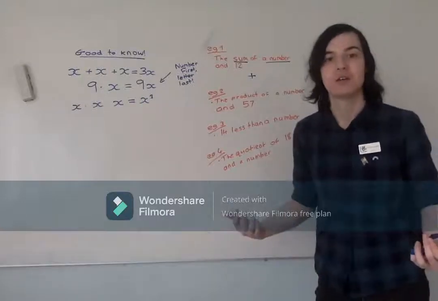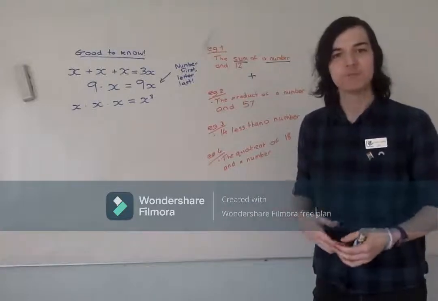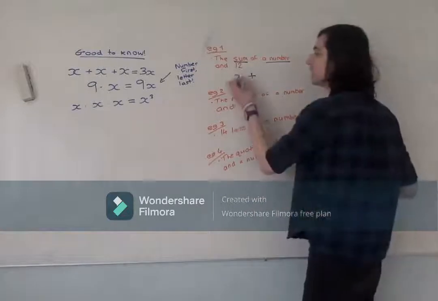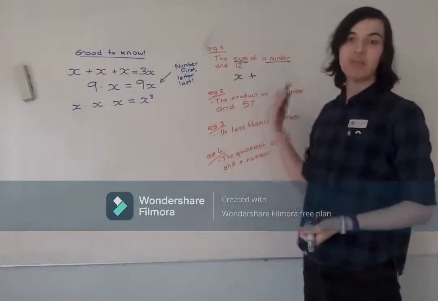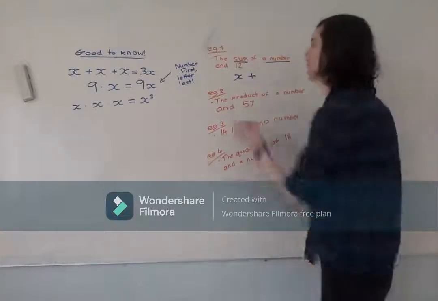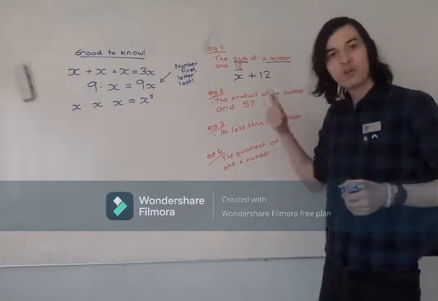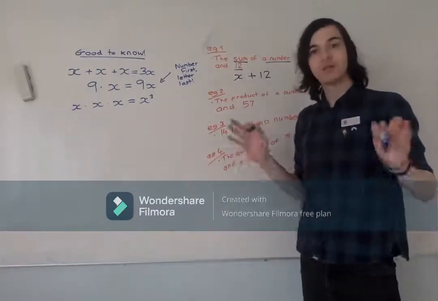It's a mystery. And how do we write a mystery number? We can write it just as a variable, so usually a letter x. So we'll stick an x there, and then we are given something else as well. We're told a number and 12. So we're going to get that 12 and we'll stick it on the end there. We've now dealt with all the information here, so that is job done with this question.